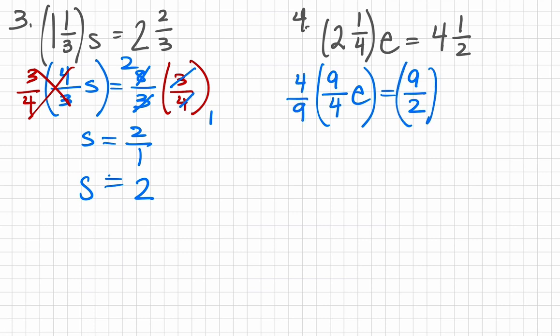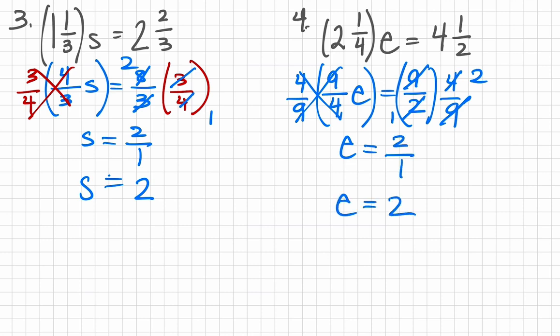So then I have to do that on this side. That cancels out. My variable is isolated. I can reduce that because 2 goes into 2 one time and 2 goes into 4 twice. And then I have 2/1, which is also equal to e/2.